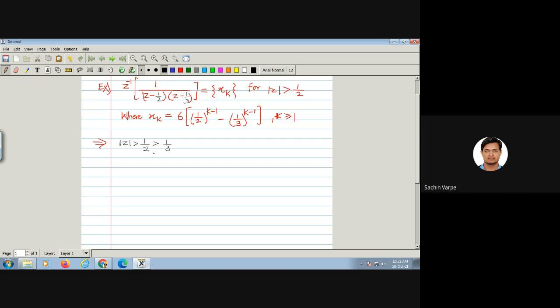So for mod z greater than half, what we do? First of all, we split both the factors by partial fraction. So let us do that first. So here F of z is given to be 1 by z minus half times z minus 1 by 3. Just separate these two factors by partial fraction and tell me what are the values of a and b.